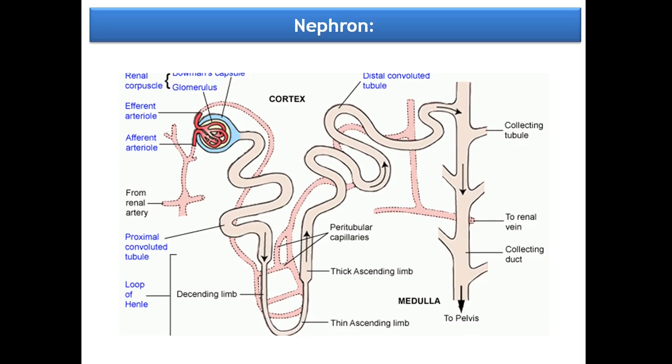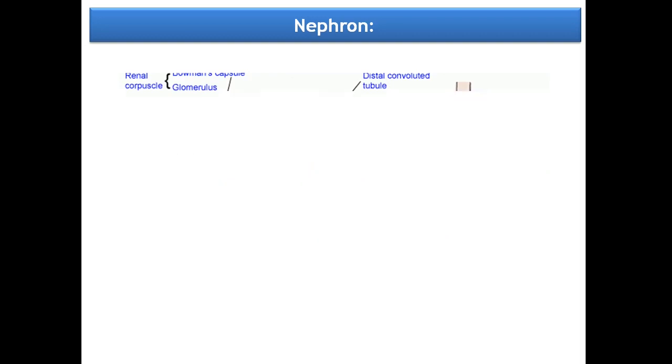This efferent arteriole divides into many capillaries and surrounds the PCT, loop of Henle and DCT, and forms the peritubular network. These peritubular capillaries join together and form the renal venule, which joins with other venules and forms the renal vein. This is briefly about the structure of the nephron.